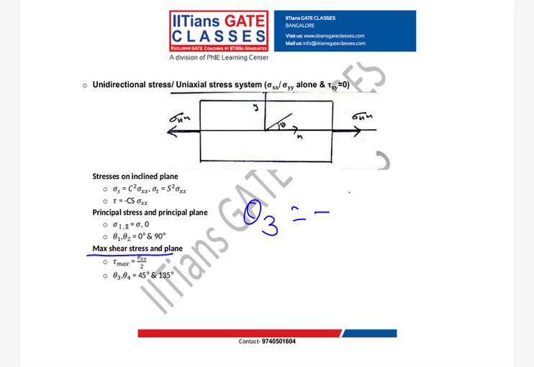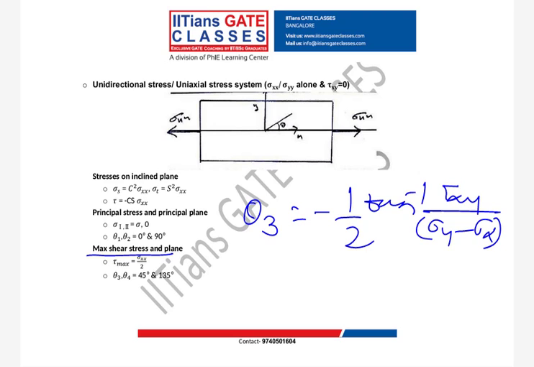It is minus 1 by 2 tan inverse tau xy upon sigma y minus sigma x. So what will you get? Tan inverse minus infinity is plus infinity.